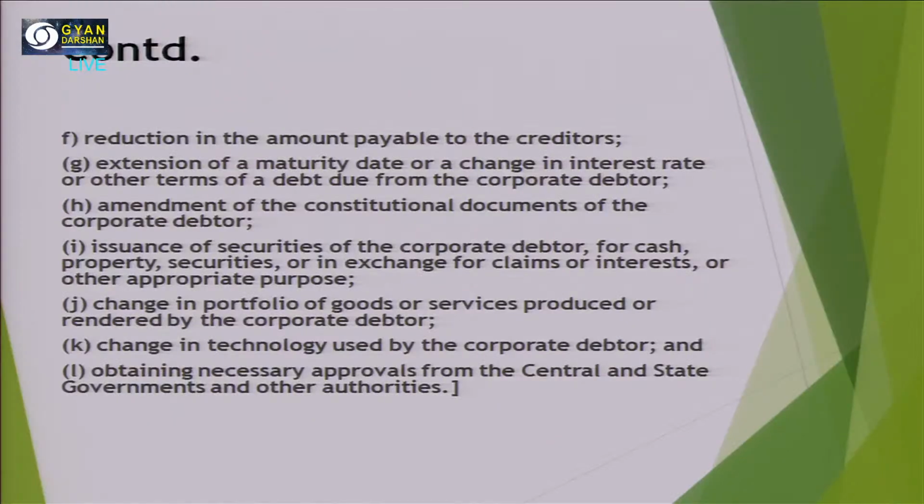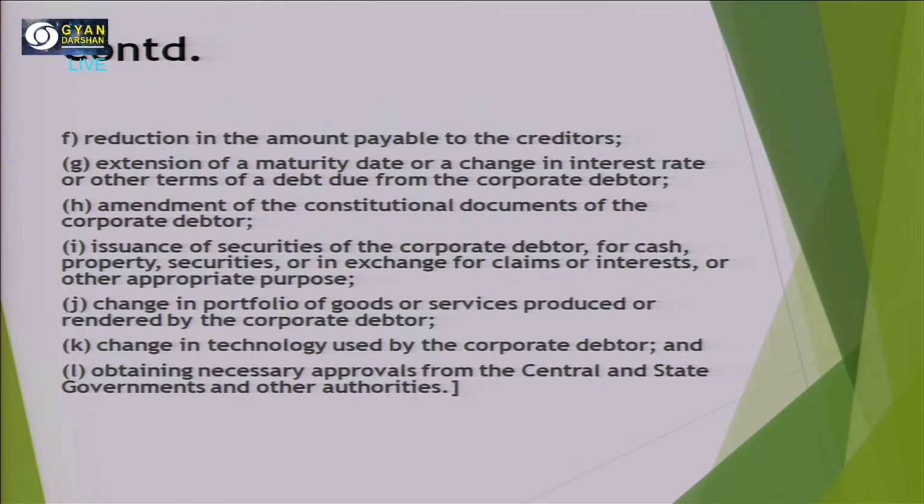Then reduction in the amount payable to the creditors, that will be another thing. Then is extension of a maturity date or a change in interest rate or other terms of the debt due from the corporate debtor. Since generally, friends, the issue comes when a corporate debtor is burdened with a debt which is not consonant to the size of the corporate debtor, which is not consonant to the earnings or revenues of the corporate debtor.